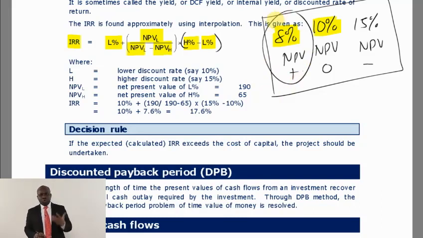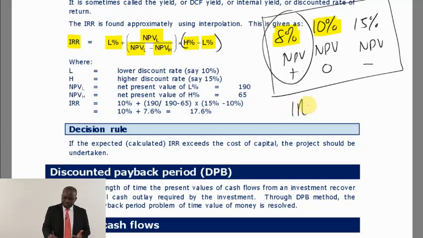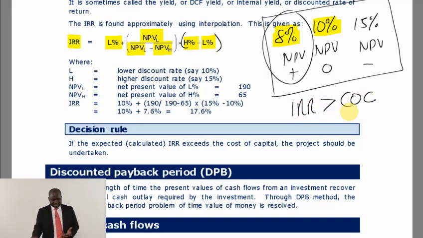Therefore, you will only accept the project if that project's internal rate of return is greater than the cost of capital. So if that IRR is greater than the cost of you raising the money, then it is acceptable for you to undertake the project, because it will result in a positive NPV.